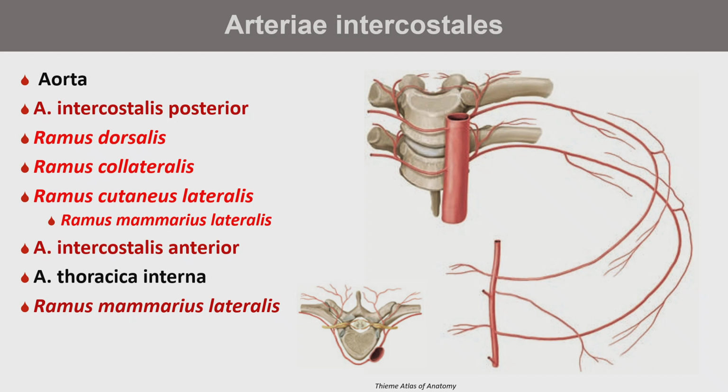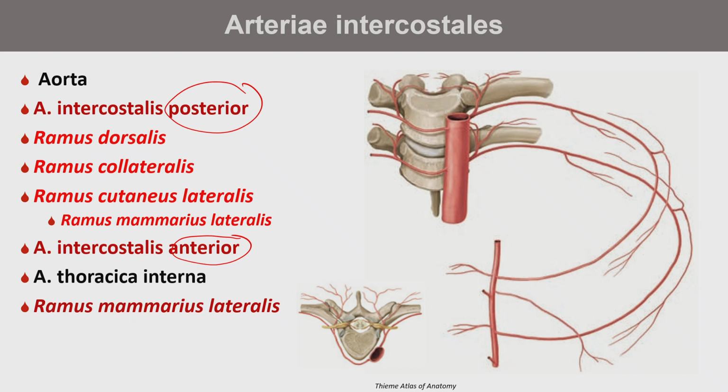So now we turn to the other arteries which supply the chest wall. Those arteries are called intercostal arteries. Intercostal arteries can be distinguished into two: one is posterior and the second is anterior.